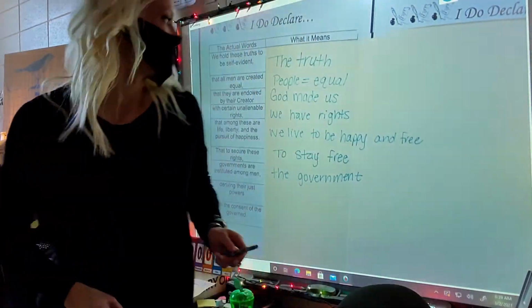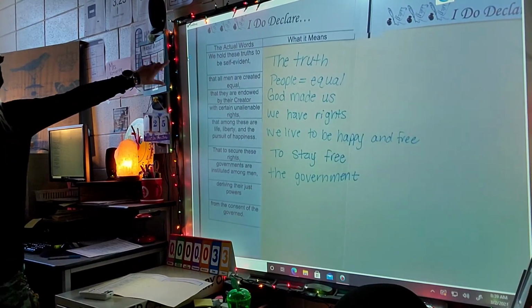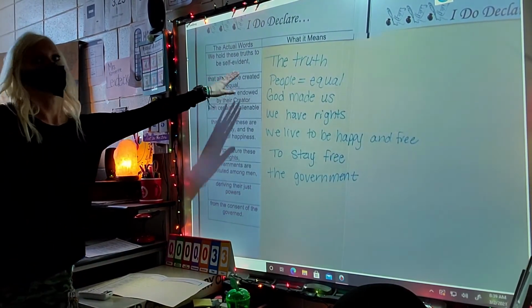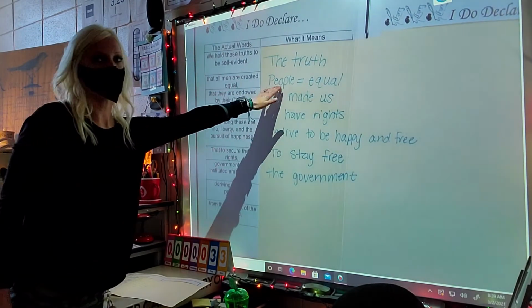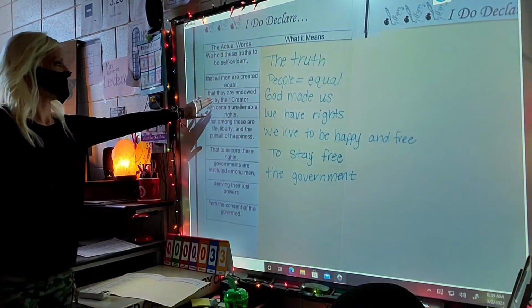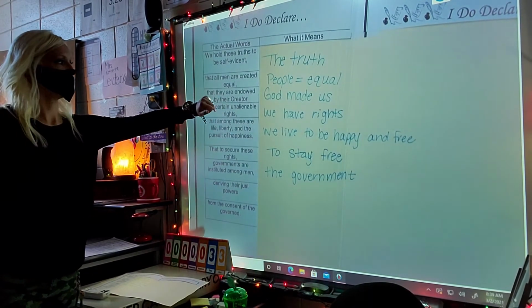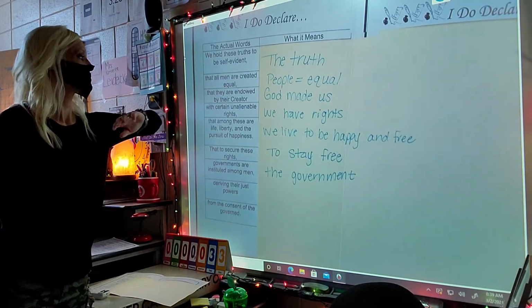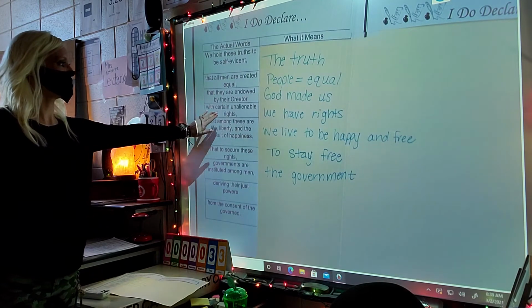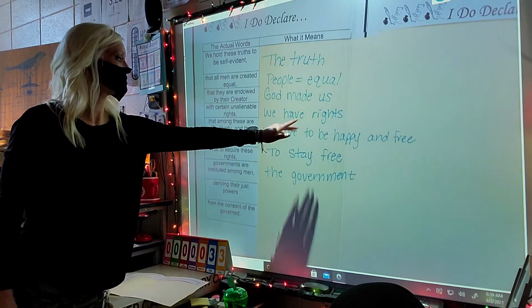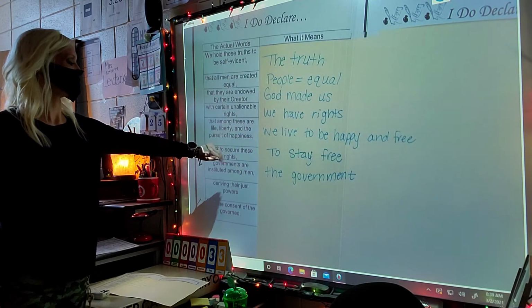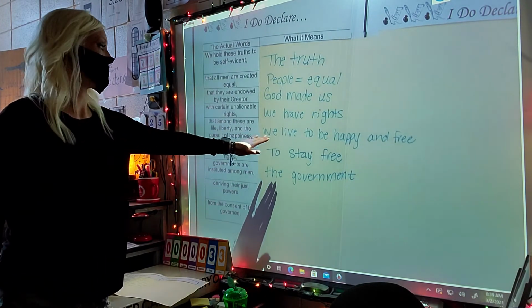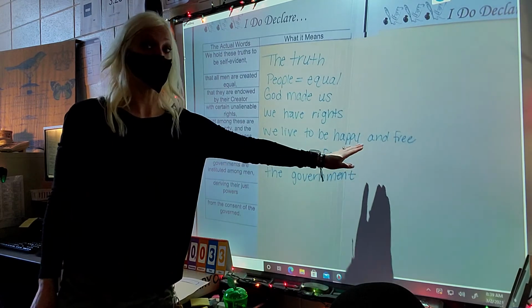We hold these truths to be self-evident. So the truth, that all men are created equal, all people are equal, that they are endowed by their Creator, meaning God made us, with certain unalienable rights. So we have rights, that among these are life, liberty, and the pursuit of happiness. So we have the right to live and be free.